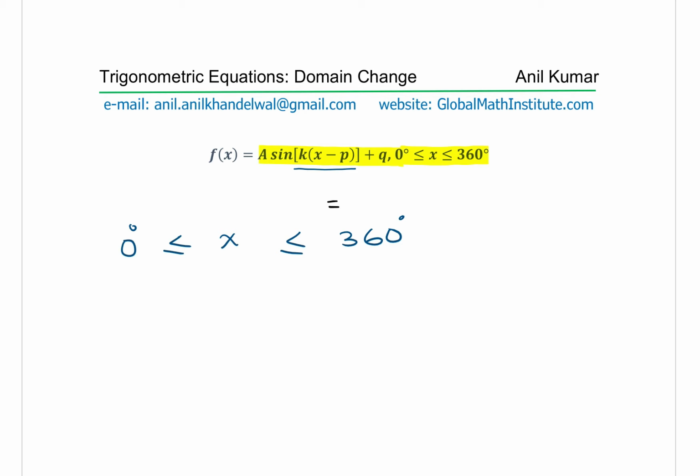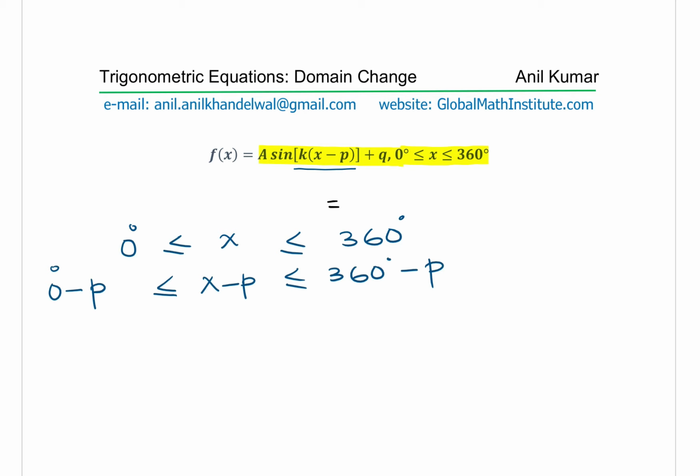So see the process of working with this kind of inequality first. Here we have k times x minus p. So we have to first take away p. So we'll say x minus p, and we'll do this in all the 3 terms. So we have 0 degrees minus p here, and here we'll have 360 degrees minus p.